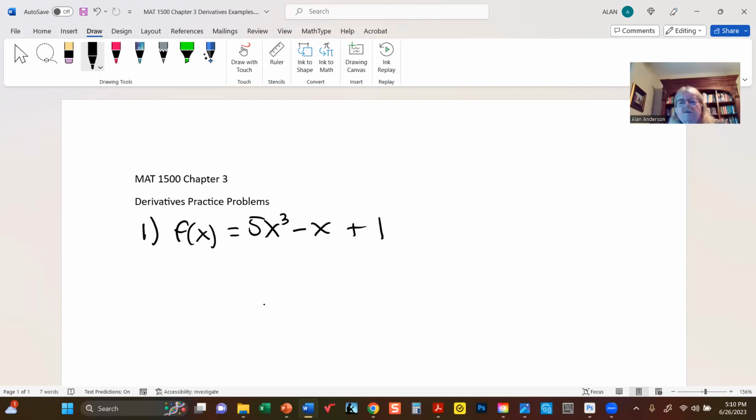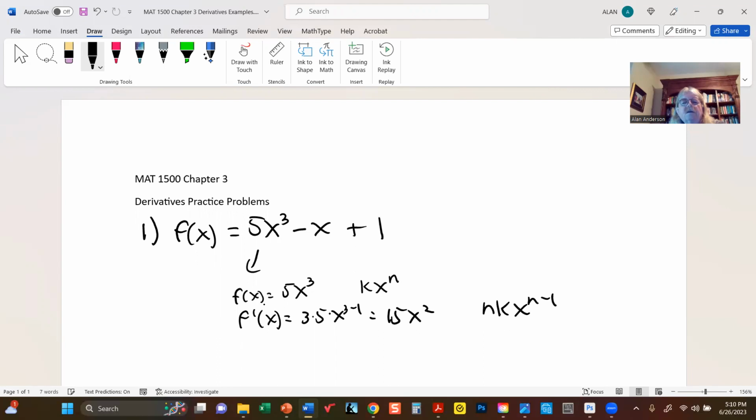So now clearly, since this is a polynomial, we're going to apply the power rule twice, and then at the end we'll apply the constant rule. So for this first one, that's because it's nk x to the n minus 1.